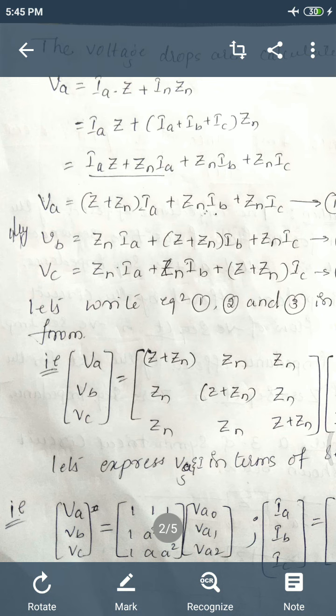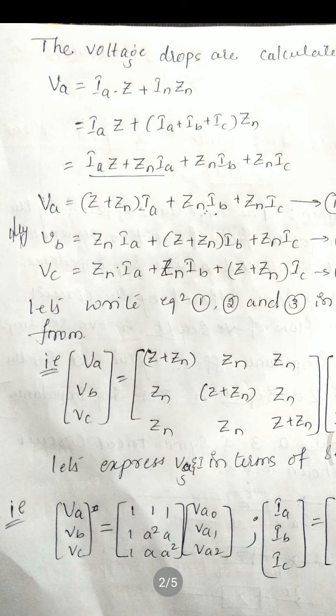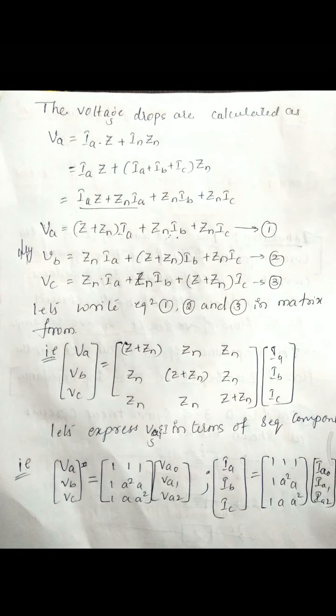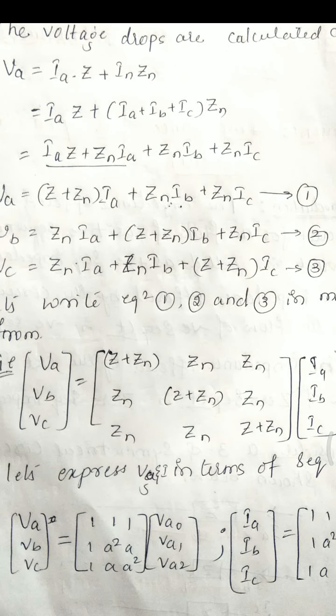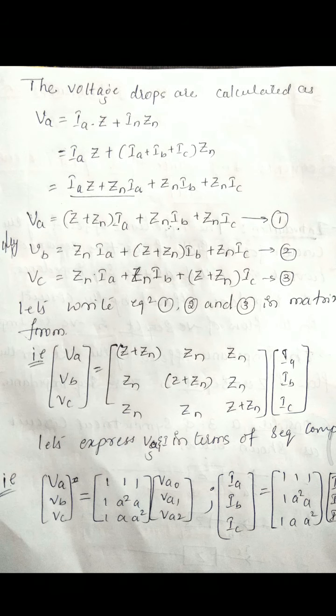Similarly, VB can be calculated with the same formula: VB is equal to Zn IA plus Z plus Zn IB plus Zn IC. Your VC can also be calculated: Zn IA plus Zn IB plus Z plus Zn IC. So we have three equations: VA, VB, VC.